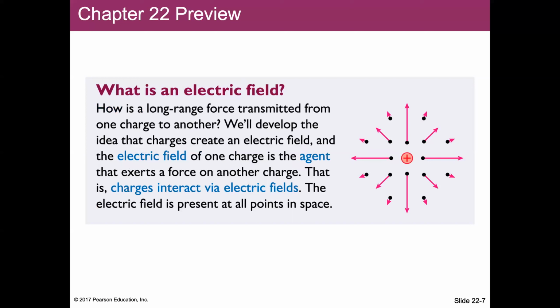And then we'll introduce a concept which is the electric field. The electric field is defined in this way. When you put a charge in space, and then you test the force by using another, let's say, positive charge surrounding this charge, you can measure the force, its magnitude and direction.